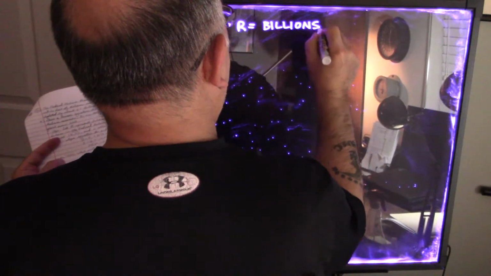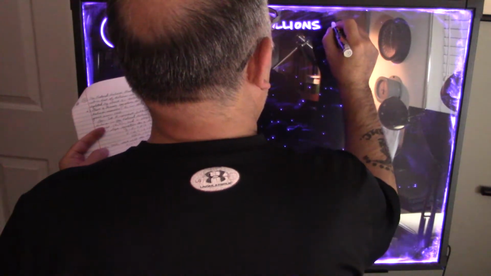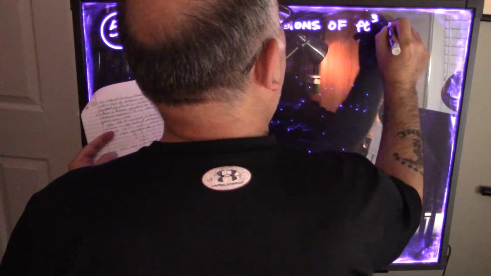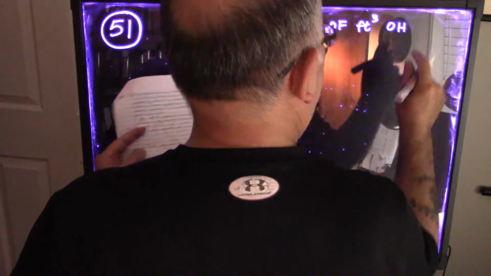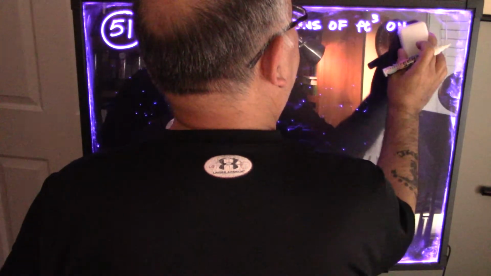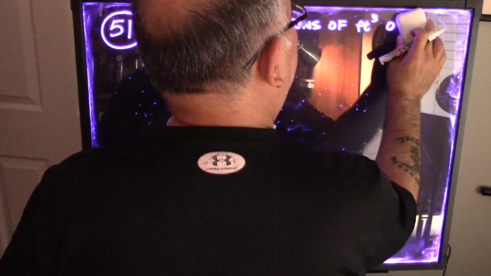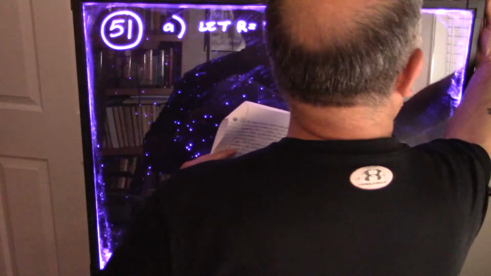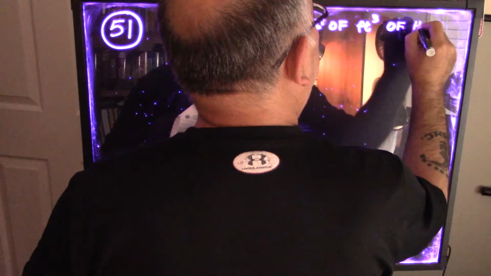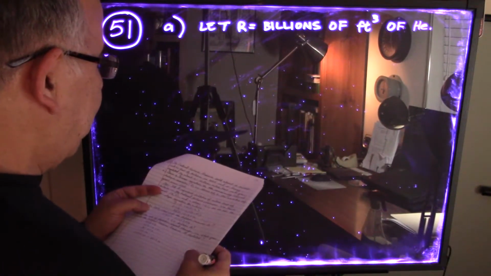If we let it represent billions, that'll simplify things. Billions of cubic feet of, oops, I was thinking of helium there, so I wrote an H. Going back here, of HE. That would be in the federal helium reserves.